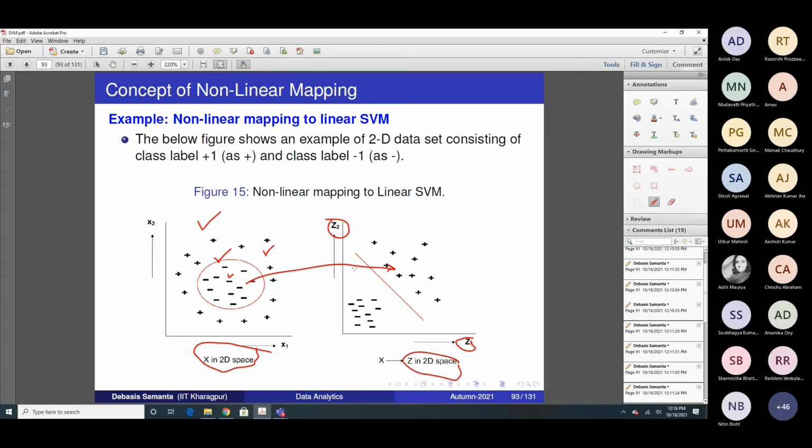After this transformation, the data is transformed in such a way that all the negative data is confined into this region and all the plus data is confined into this region. So some transformation mechanism makes the data transformed into this type, and as a consequence we can find a hyperplane which can divide the two regions. So this is the idea of nonlinear mapping.